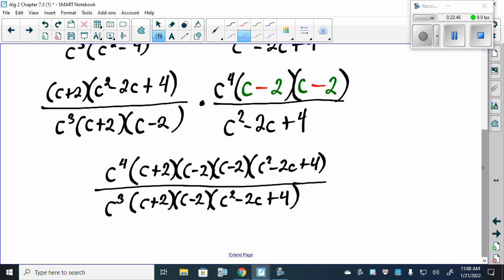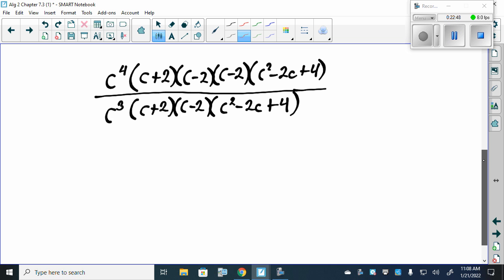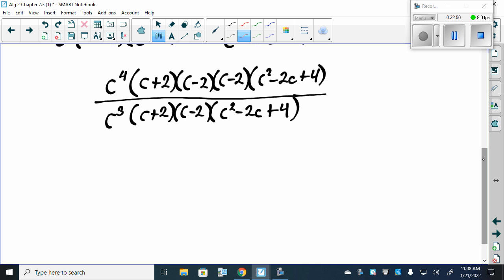Now we need to simplify out any like terms that we have. And what would we have? Well, the c plus 2 and c plus 2. We also have this massive one, the c squared minus 2c plus 4, and the c minus 2. As we do have c to the 4th and c to the 3rd, 3 of the ones on bottom will cancel out with 3 of the ones on top.